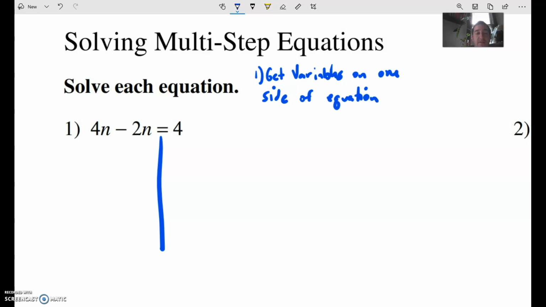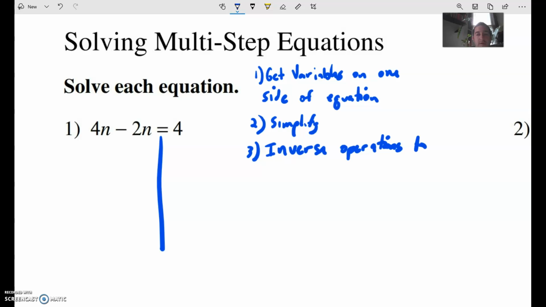I often go left, but it's okay. Get the variable on one side of the equation, 2, simplify or combine like terms, and 3, then use inverse operations to solve.